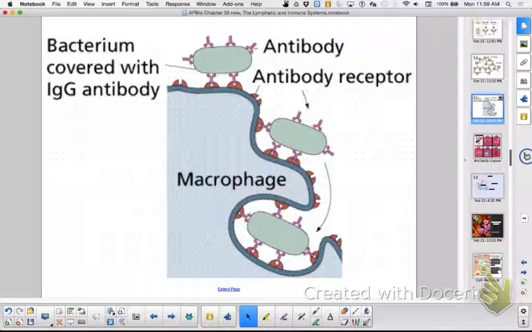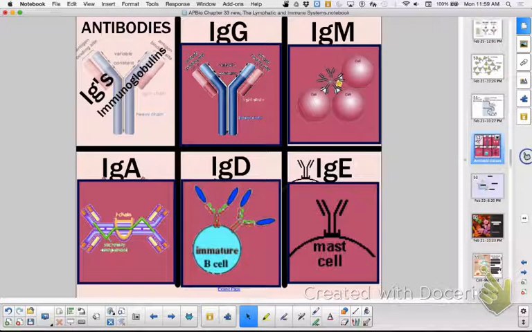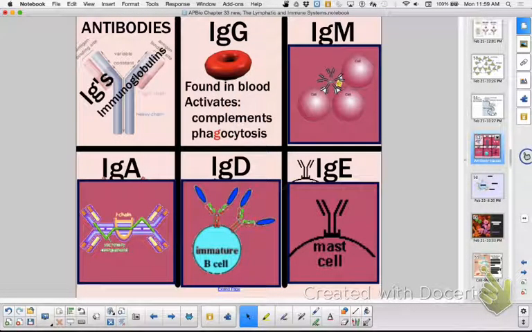Okay, now, there are several different categories of antibodies. Another name for them is immunoglobulins. The most common one is IgG, immunoglobulin G. This is your straight up one, just like I showed you. You're going to find it in your blood. It can trigger the complement system. It can trigger phagocytosis.